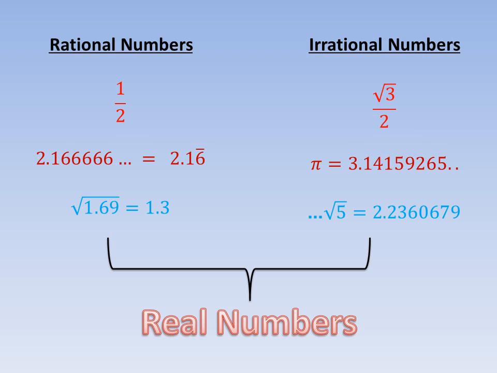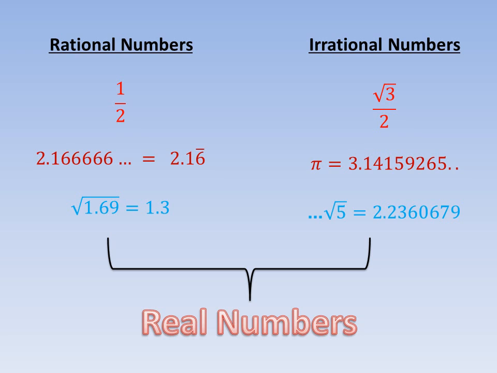But for the fractional number root of 3 divided by 2, the root of 3 is not an integer, which means this ratio or fractional number is not a rational number. It is called an irrational number.